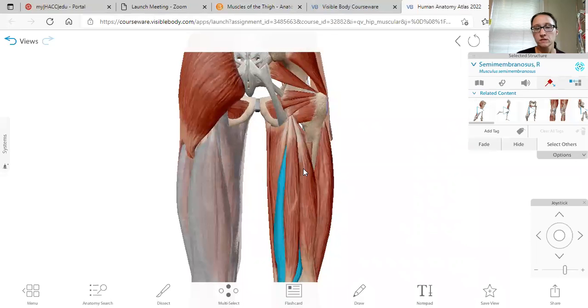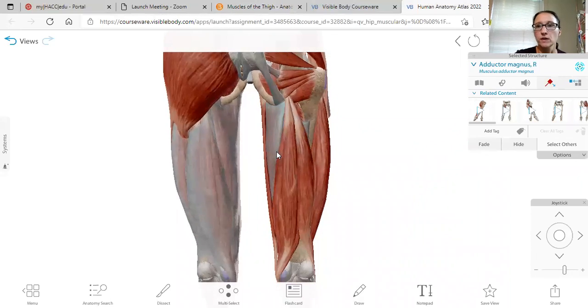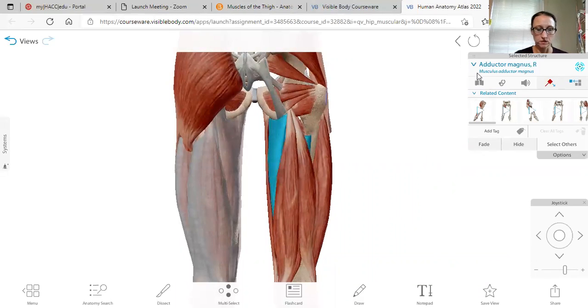And then, oh, I'm in the way here. Move me out of the way. There's adductor magnus, sorry. Okay. Adductor magnus, and this is semimembranosus, sorry. Okay. These are a lot skinnier. It's hard to get my bearings sometimes.